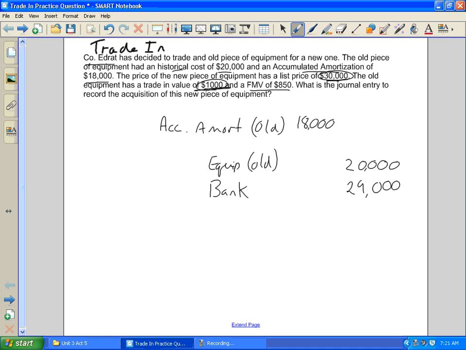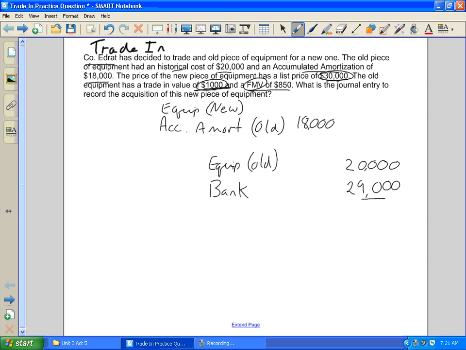Now what we have to do is put the new equipment onto our books. We have to give it that amount. Well, how much do we pay for it? Well, we paid the 29 grand sitting right here. Okay, that's what we paid for it. However, we have a fair market value of $850 of the old equipment.